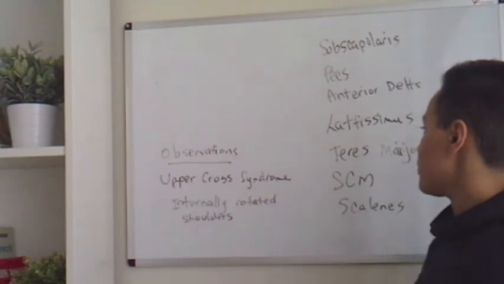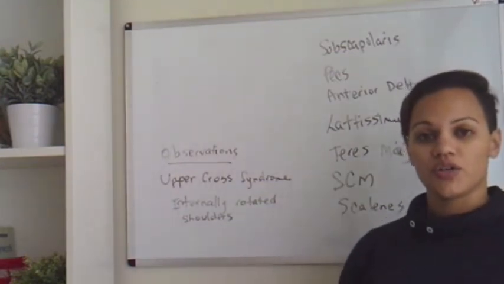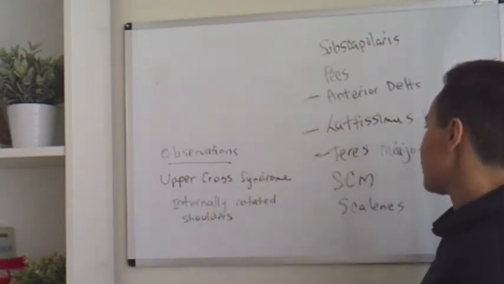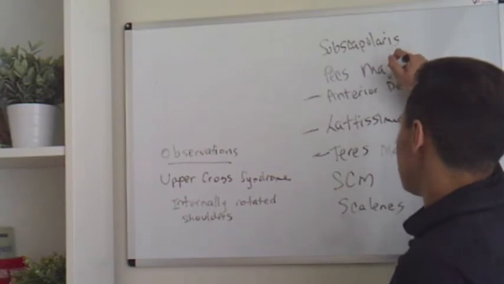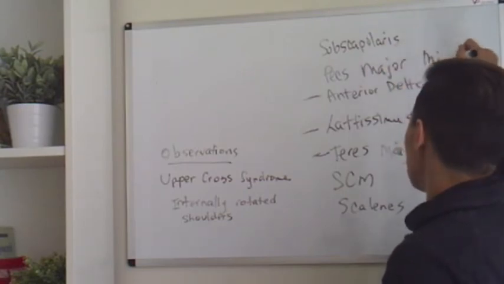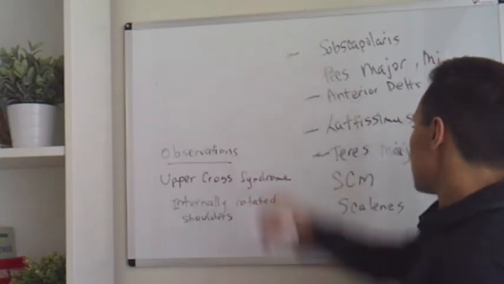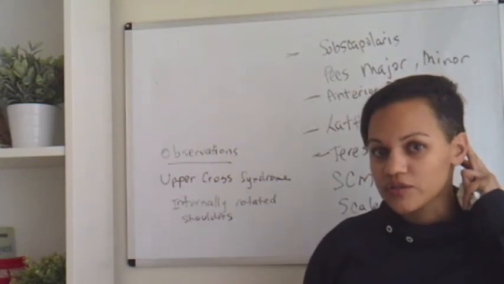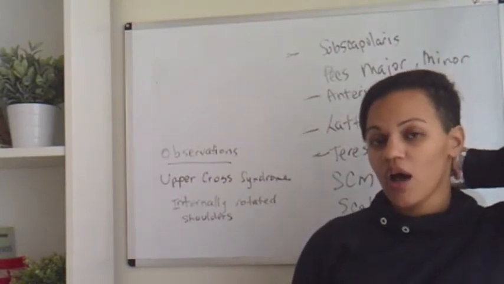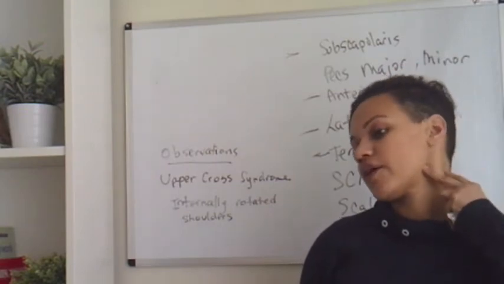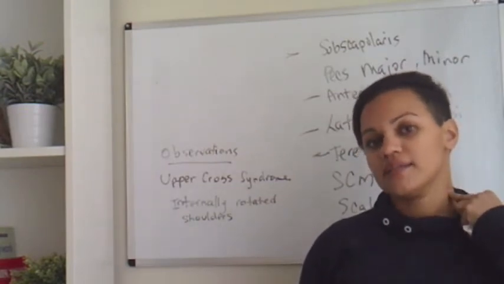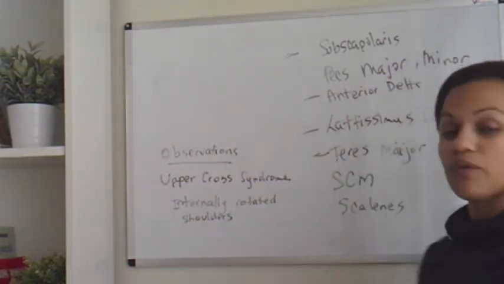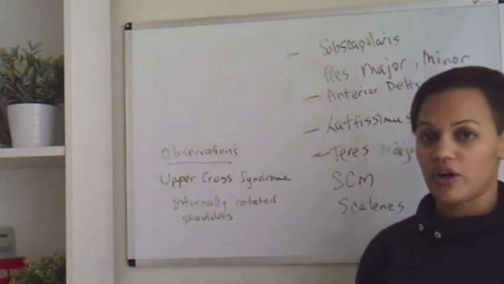So for the internally rotated shoulders, we want to work on our internal rotators. So anterior delt, latissimus dorsi, teres major, and pec major and minor, as well as our subscapularis. Okay? Our SCM and scalenes are playing a part in the forward head posture. So because the deep neck flexors are weak, we want to make sure that we're working on our scalenes and SCM. Okay? So now we have all of the muscles that we need to work on in order to address this condition in our client.